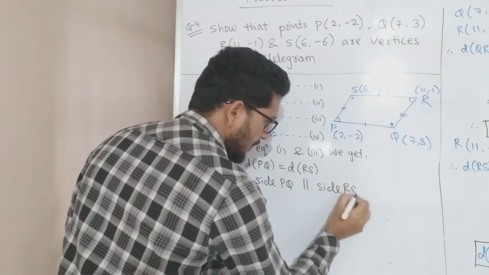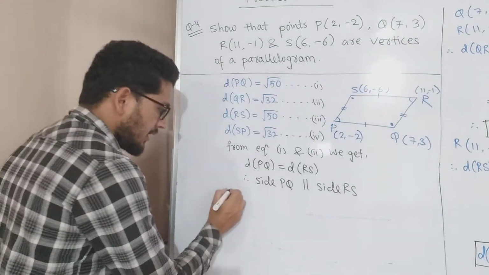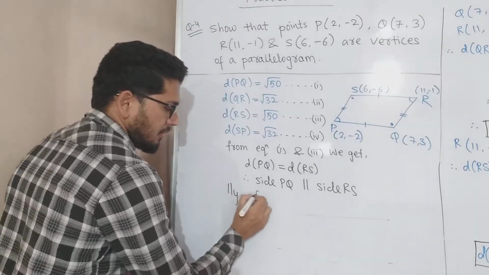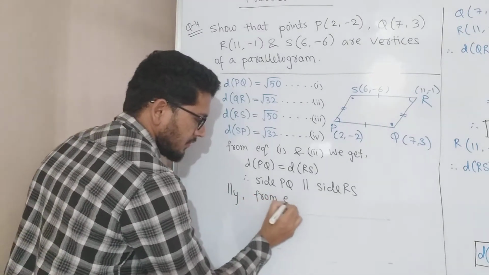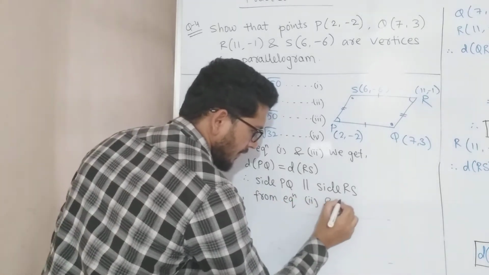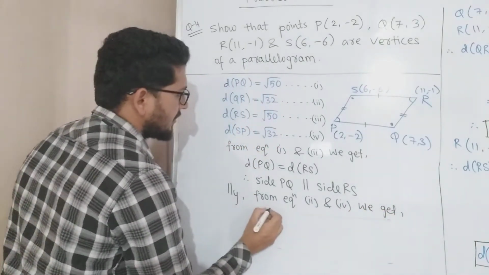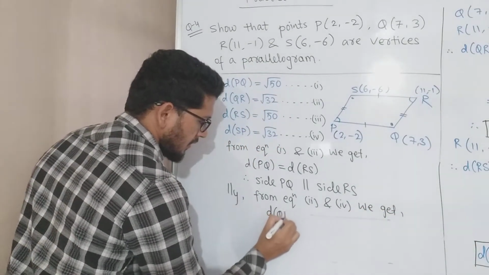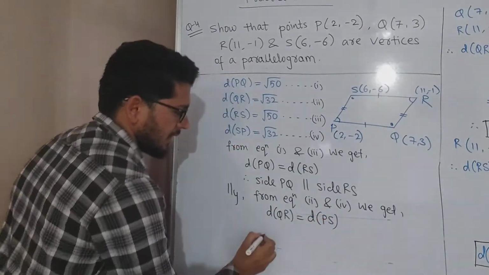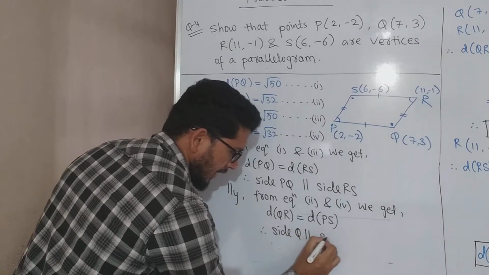This is the sign of parallel. जो double line है, that is the sign of parallel. And similarly, from equation 2 and 4 we get distance of QR is equal to distance of PS. Therefore side QR is parallel to side PS.